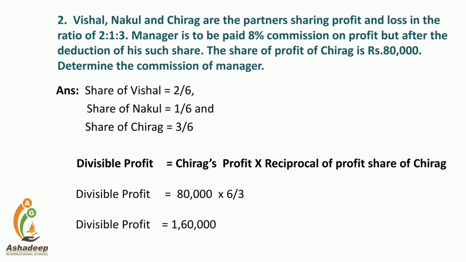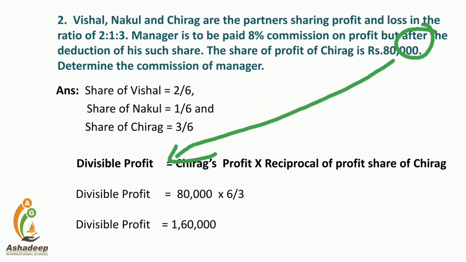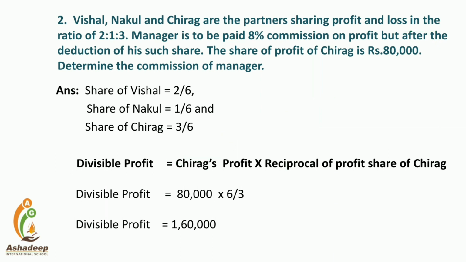Clear? Now we are aware of the divisible profit. Now read the question again, or just see here what is given: after. And with after, we know the value of divisible profit, which means we have to use the second formula to find the commission. Clear? Okay, just look here.